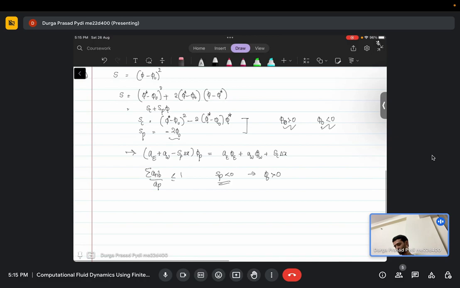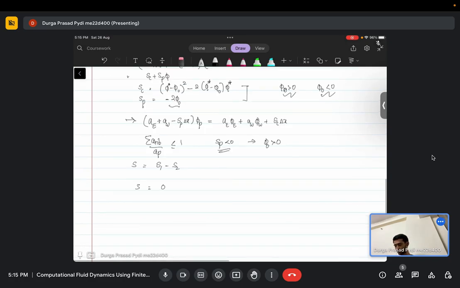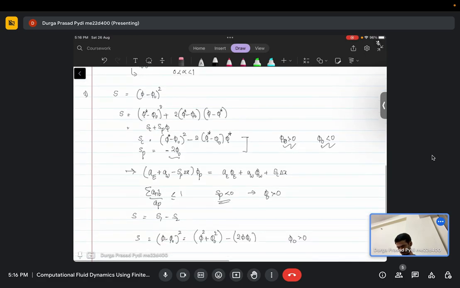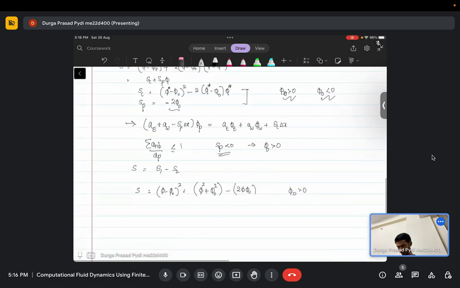The one reported in the literature is that you split your S into two parts, a positive one and a negative one. Say you have S equal to phi minus phi naught squared. Just expand it. This is a positive part and then there is a negative part. Here phi naught is negative.